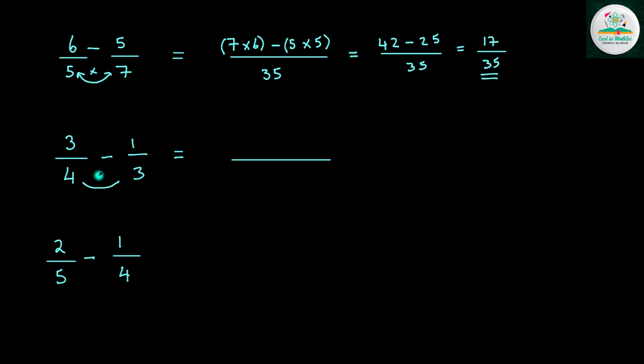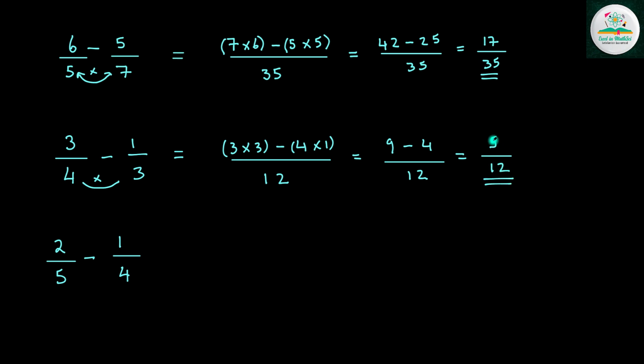We do 4 times 3, which will give me 12. 3 times 3 will give me 9, minus 4 times 1, and then that would be 9 minus 4 over 12. 9 subtract 4 is 5 over 12. And once again, that would be my final answer because there's no common factor between 5 and 12.